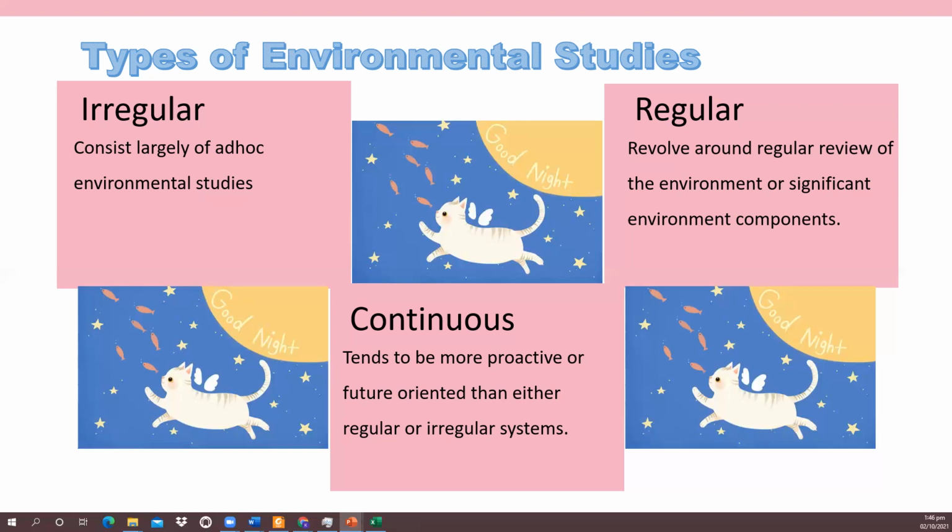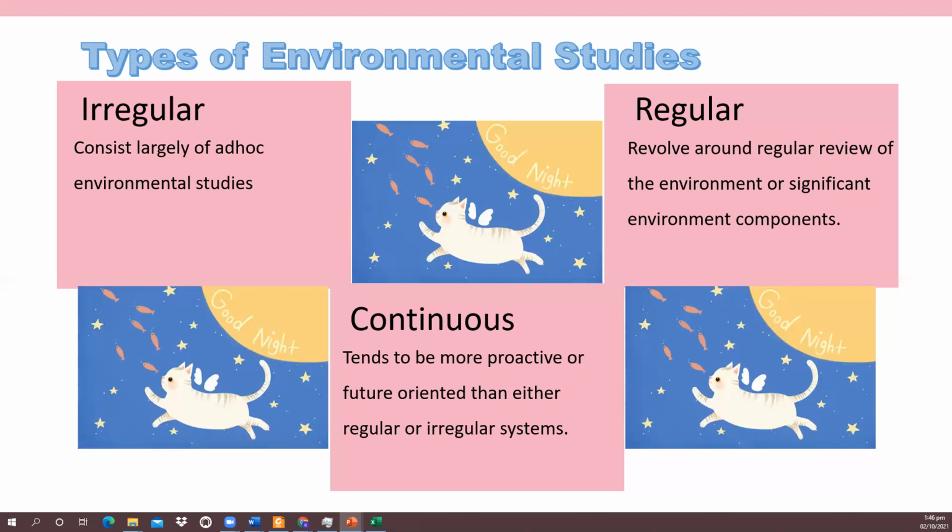So for example, pandemic. I guess nasa irregular study siya. Pero I guess, pag hindi pa rin na-solve, magiging part na rin siya ng regular. So ito yung mga problems na bigla-biglang nangyayari or bihirang mangyari, so part siya ng irregular environmental studies.